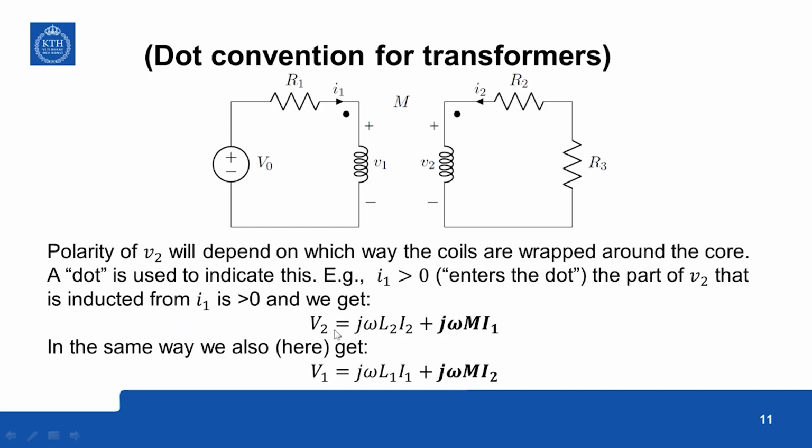Then V2 is j omega L2 I2, where L2 is the self-inductance, plus the contribution from the mutual term, which will be positive because both currents are entering the dot. In the same way, V1 is j omega L1 I1 plus j omega M I2 because of this dot convention.